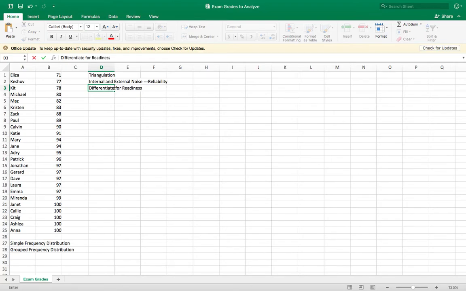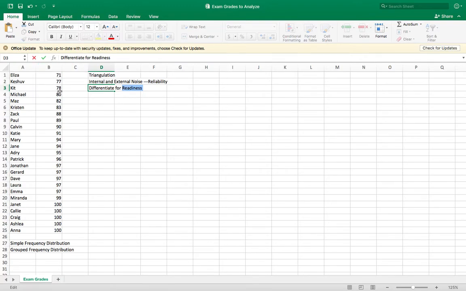Remember, readiness is how ready the student is on certain material, okay? So I can automatically see, dang, I got some 96s, 97s, and 100s. This group is looking really good. And then I've got a couple that seem like they're struggling.